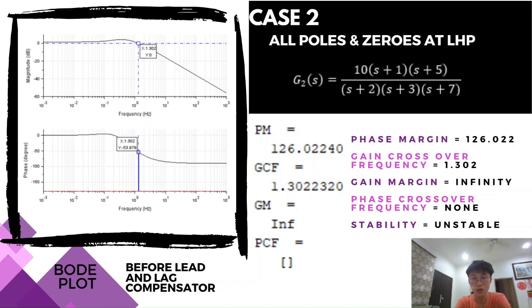The gain crossover frequency is 1.302, and the gain margin is infinity for this case because the phase plot does not intercept with the negative 180 degree, so we have no phase crossover frequency in this case, and the gain margin will become infinity. And we can say that the stability is unstable for this case.